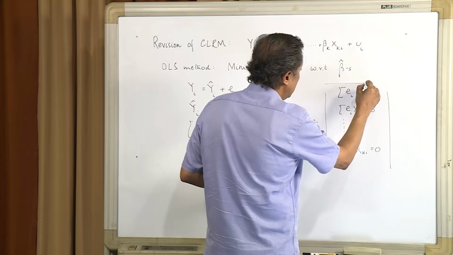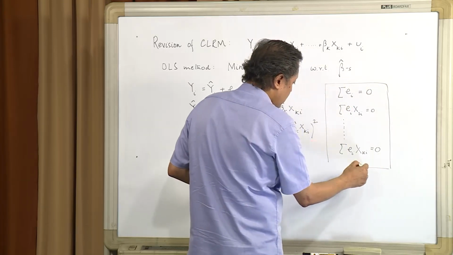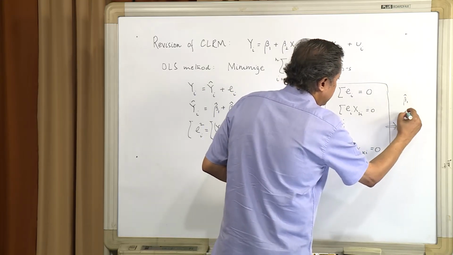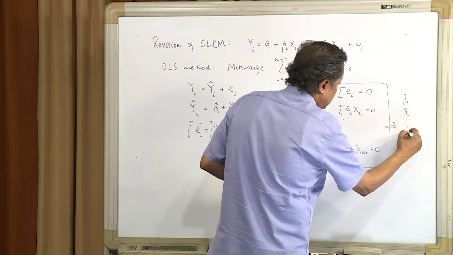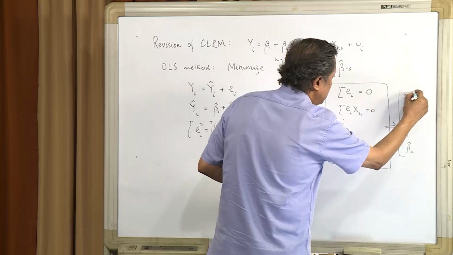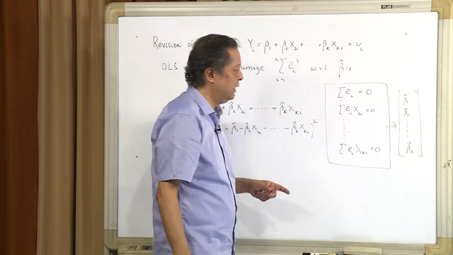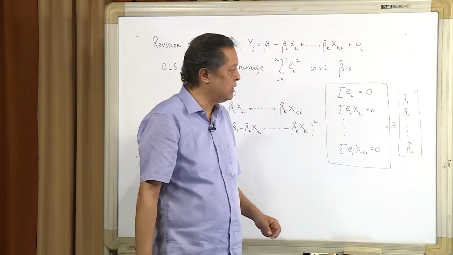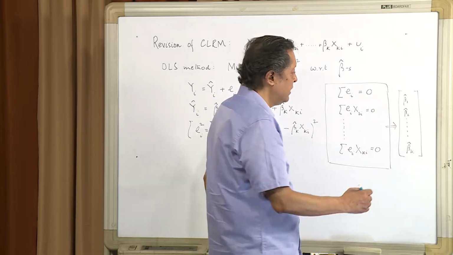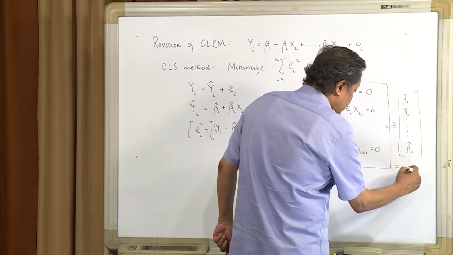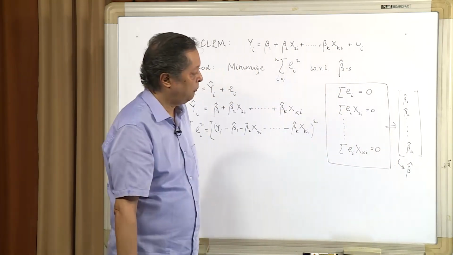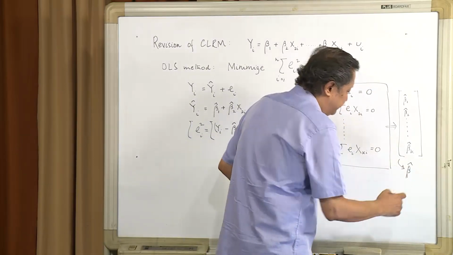These are known as the normal equations from which we obtain the estimates beta 1 hat, beta 2 hat, beta k hat. If we solve all these normal equations simultaneously, we get the estimated vector beta 1 hat, beta 2 hat, beta k hat, which is called the vector beta hat.